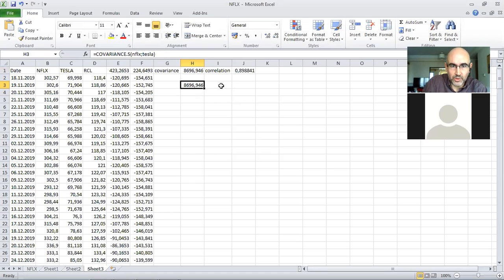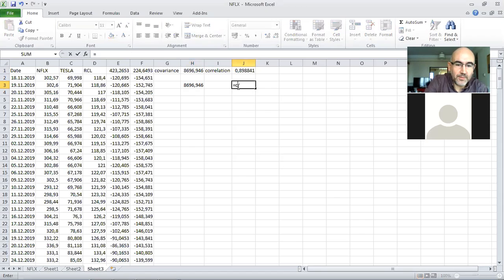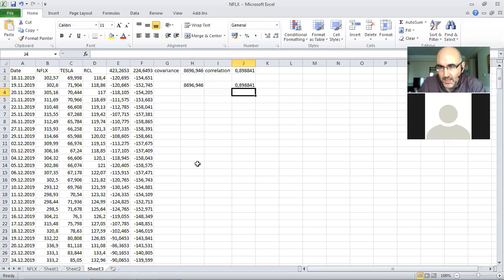We also have a CORREL function, and if we just put in the arrays, the order doesn't matter, of course, and we get exactly the same value. So one way is calculating the differences from the mean using SUMPRODUCT and dividing by the standard deviations multiplied. Another is using the covariance and correlation functions.